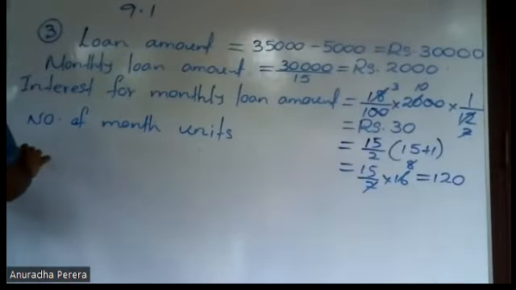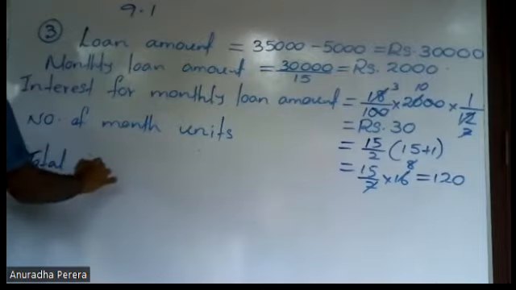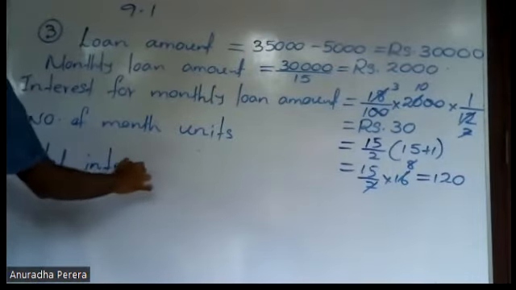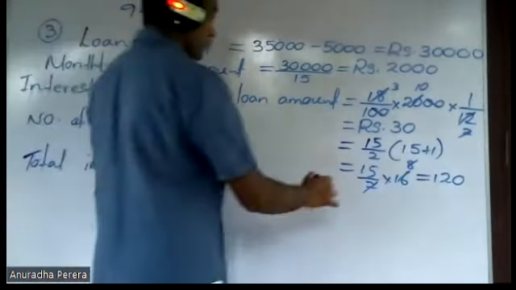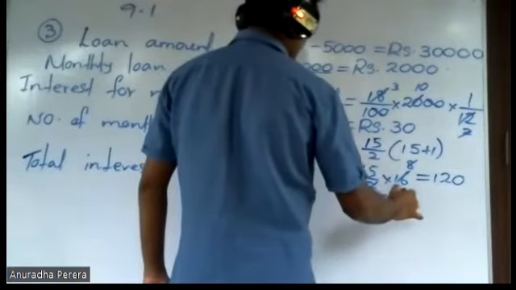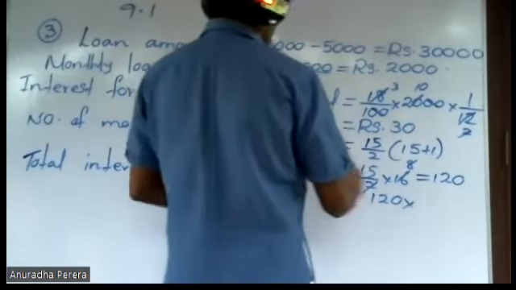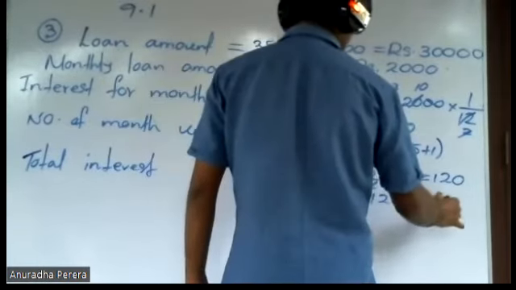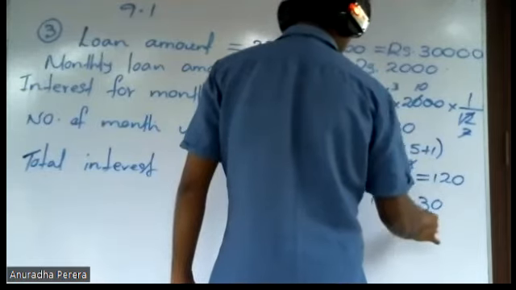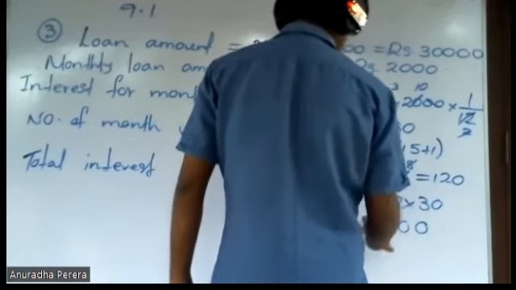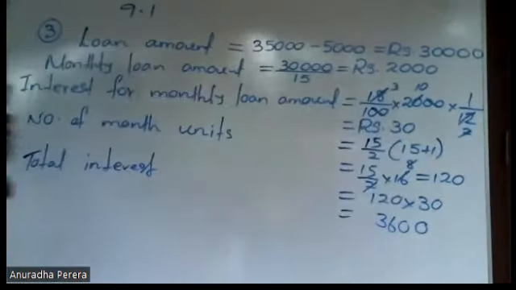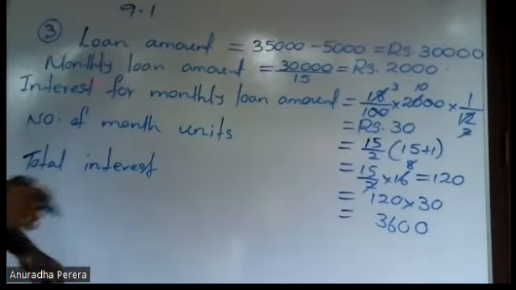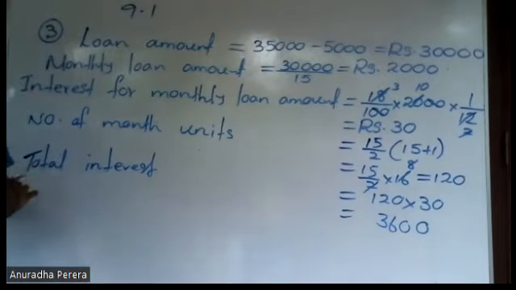In total interest. Multiply number of month units and interest for 1 month unit. ₹3,600. Then total amount paid with interest.